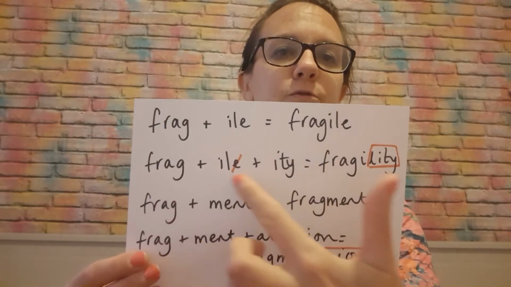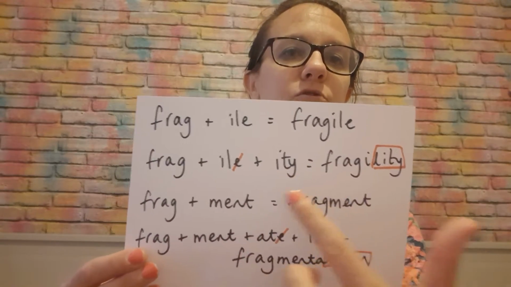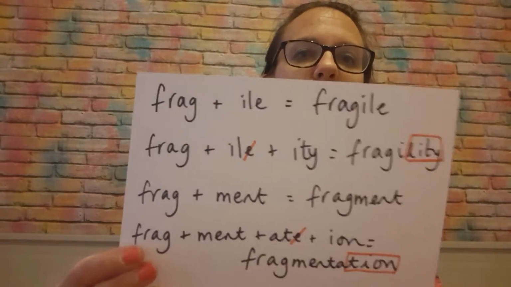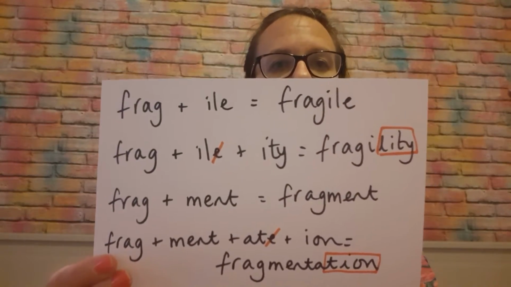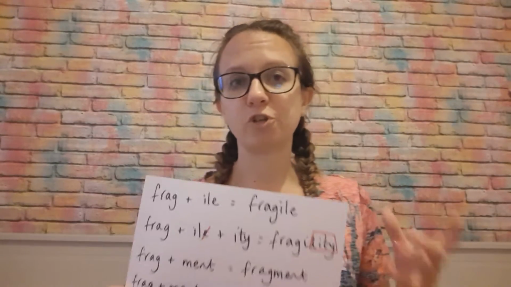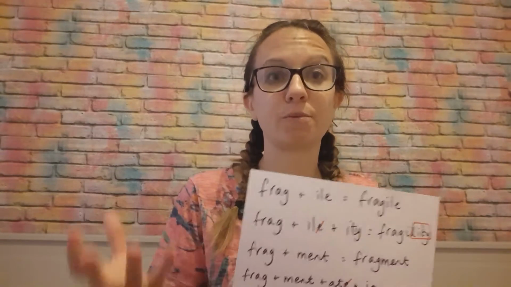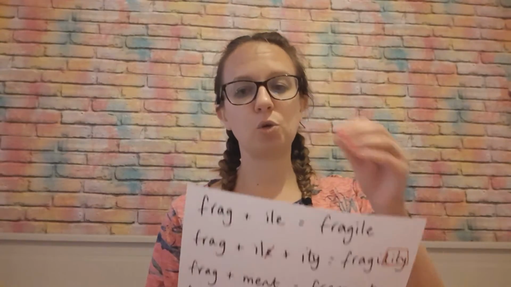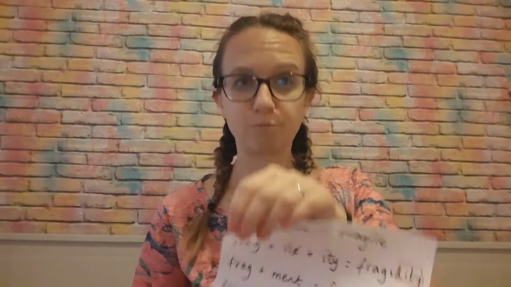You can see fragile with the ity, and we get rid of that E because we've got a suffix beginning with a vowel. Fragile is an adjective, and fragility is a noun talking about a property of something. How do they relate to the root meaning to break?